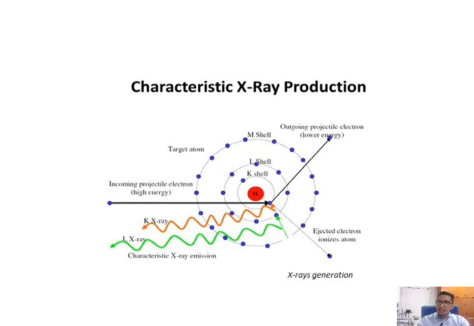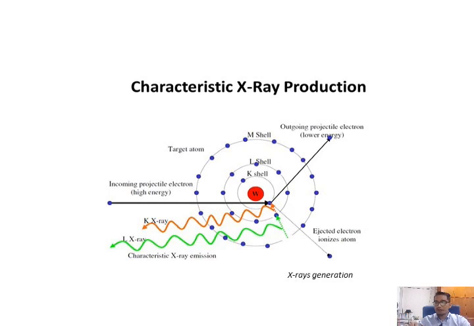In slide number 16, there is a mechanism that takes place in the production of X-ray. If you can see, the incoming electron, which is a high energy electron, will hit the core level electron, and as the effect of the high energy beam, the electron will be knocked out from the system.